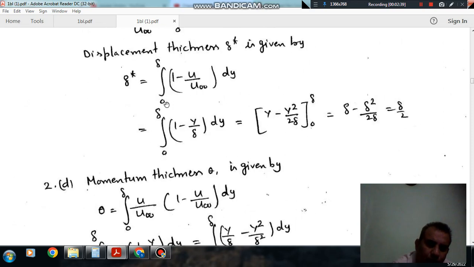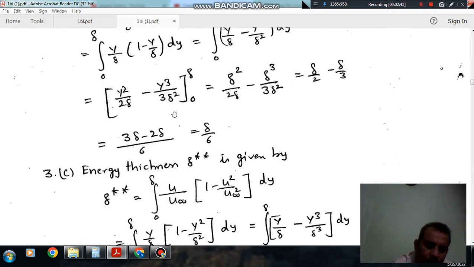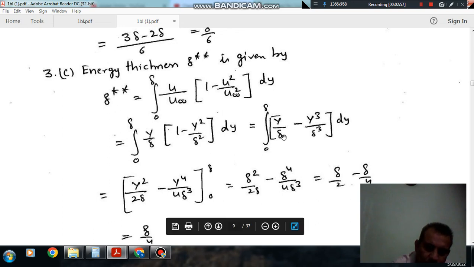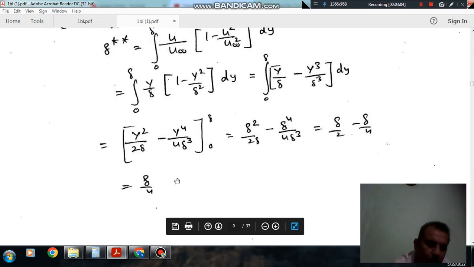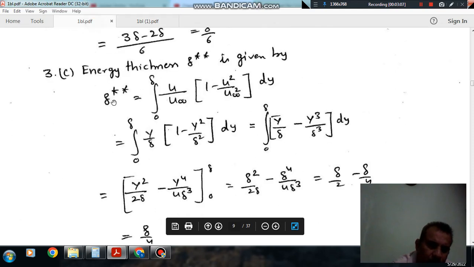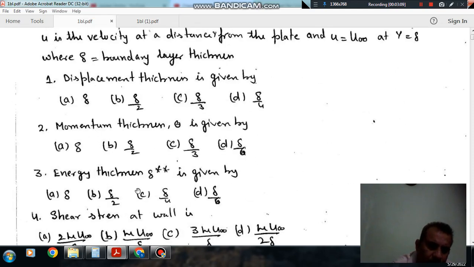Again putting the value of u by u infinity as y by delta, this will be y by delta minus y cube by delta cube, bracket close dy, and solving it by integration, it will be y square by 2 delta minus y 4 by 4 delta cube. Now putting the limits, delta to 0, it will be delta by 4. So the answer to question number 3 is option C.